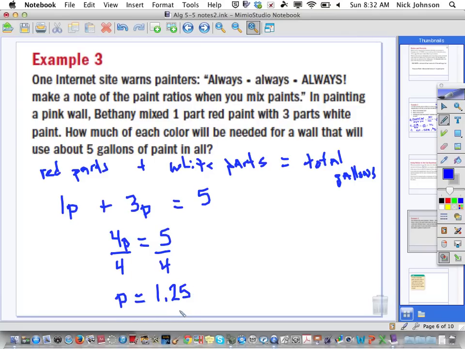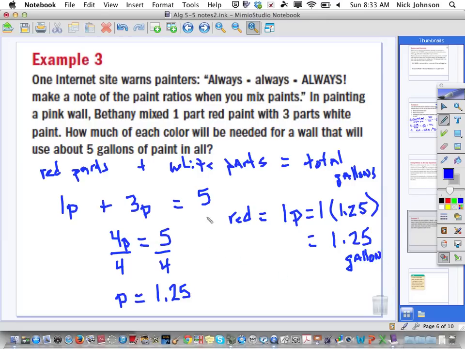Now, how is that going to help you figure out how much paint you are going to use of each? Well, for my red paint, that is equal to 1 part. 1 part is equal to 1 times 1.25, which is equal to 1.25 gallons. Okay?